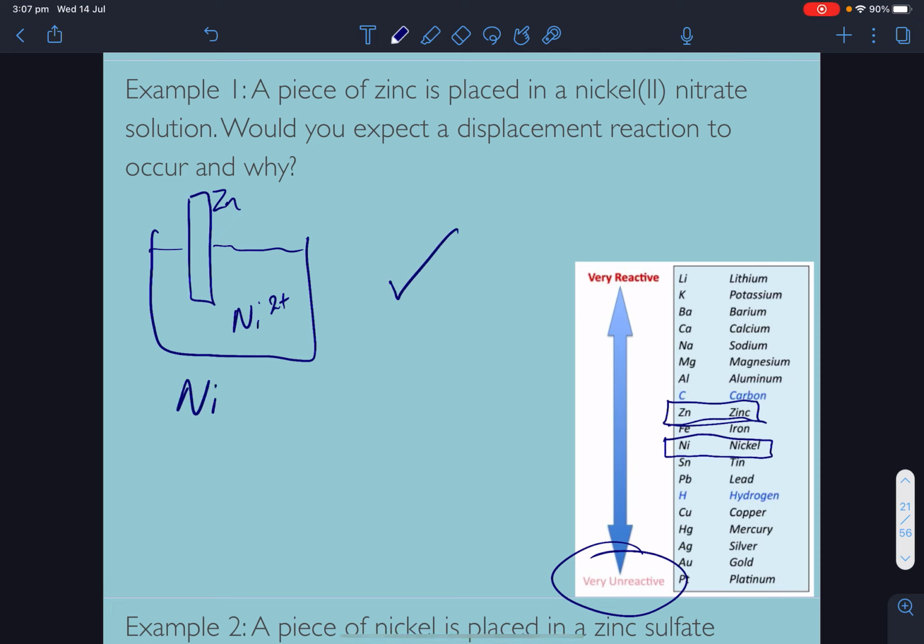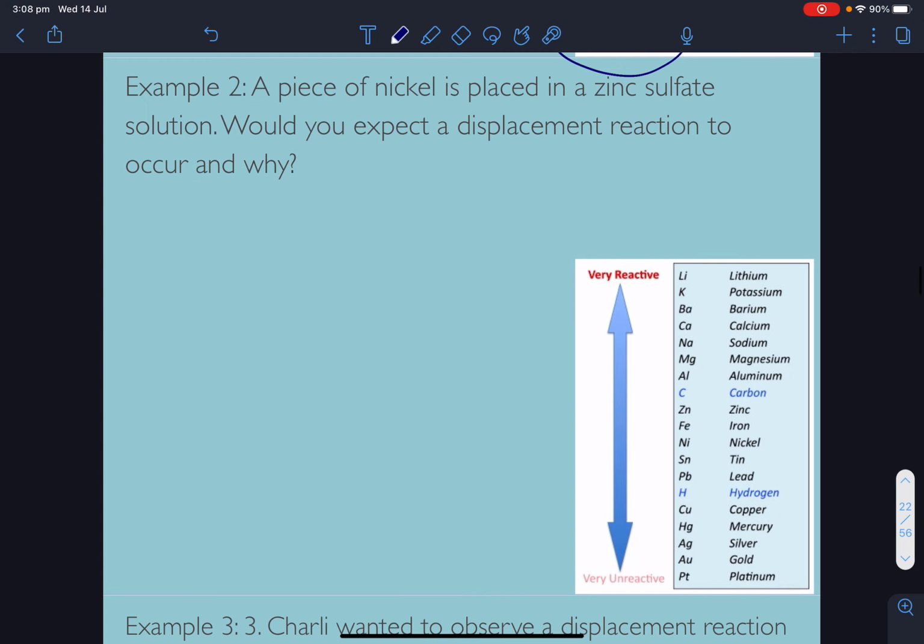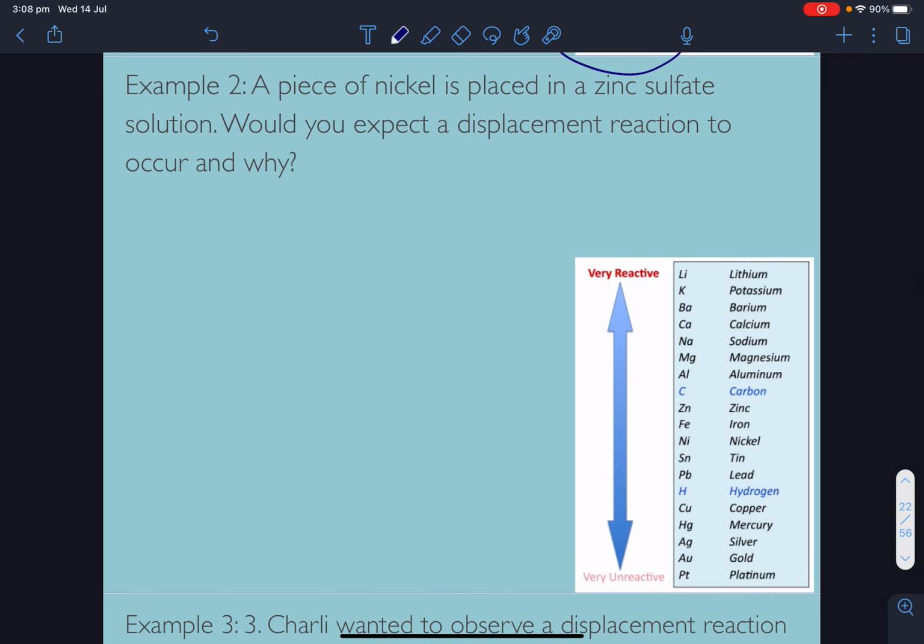We are going to get nickel 2 plus taking up 2 electrons, going to nickel solid, and we are going to get zinc solid going to zinc 2 plus, giving up 2 electrons, because of that ranking in the activity series.